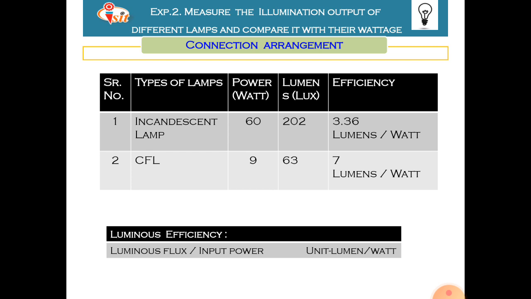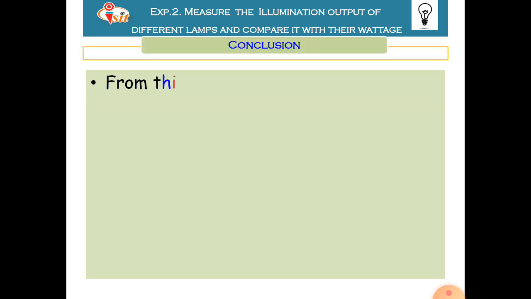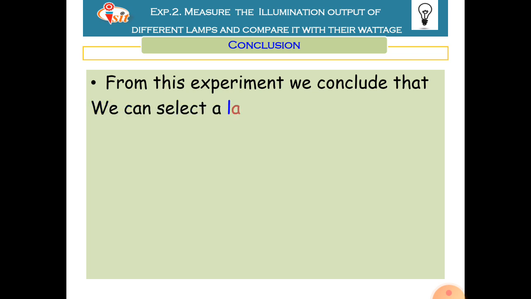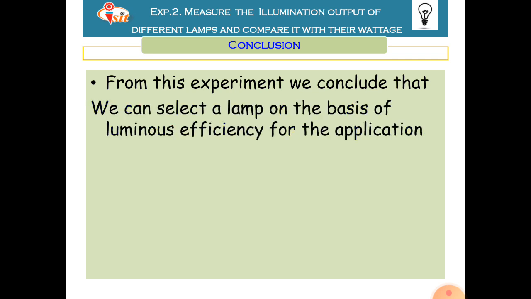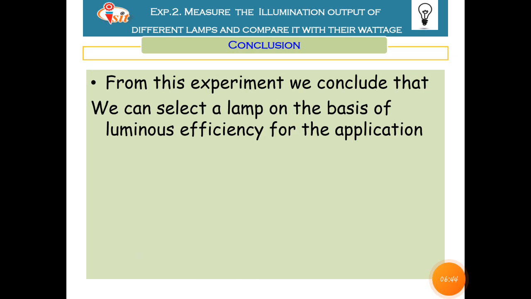By conducting this experiment, we can select luminaires or lamps for applications on the basis of luminous efficiency. This means we can select the lamp with the highest efficiency, because it consumes less input power and gives a higher lux level of illumination.